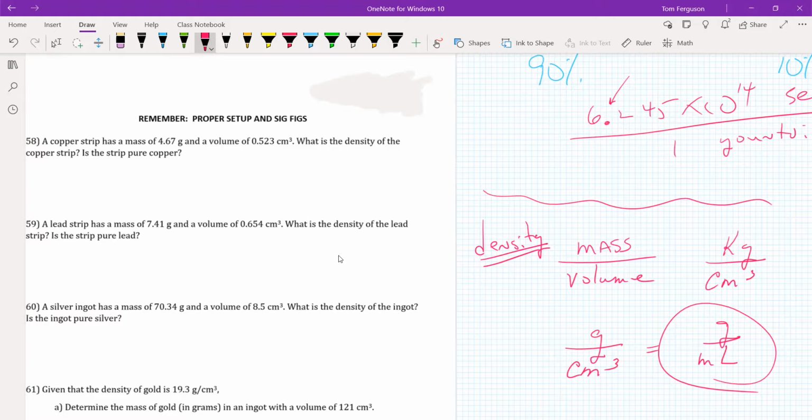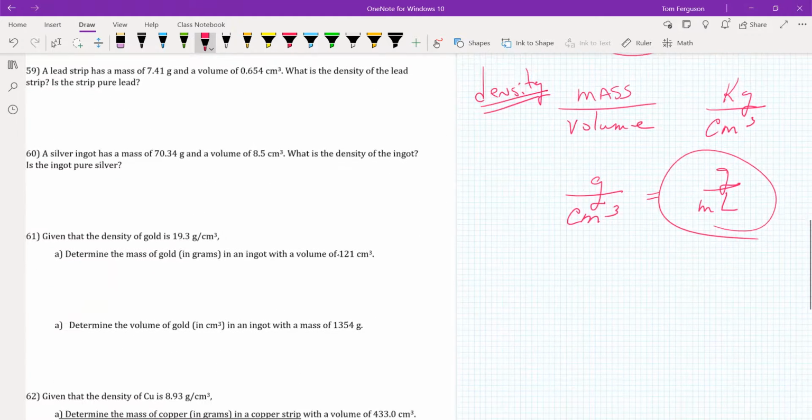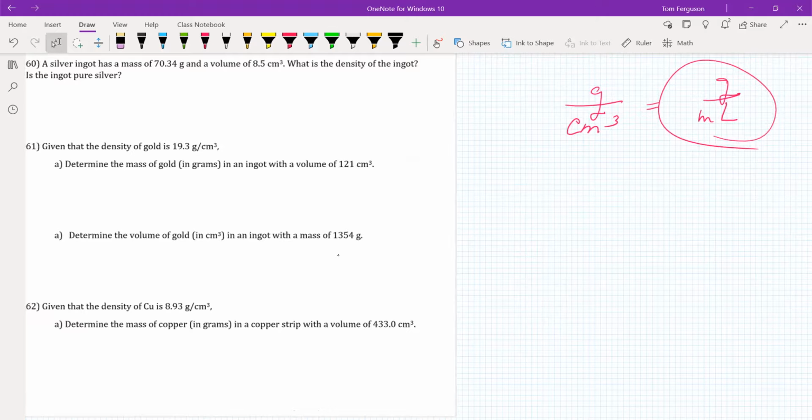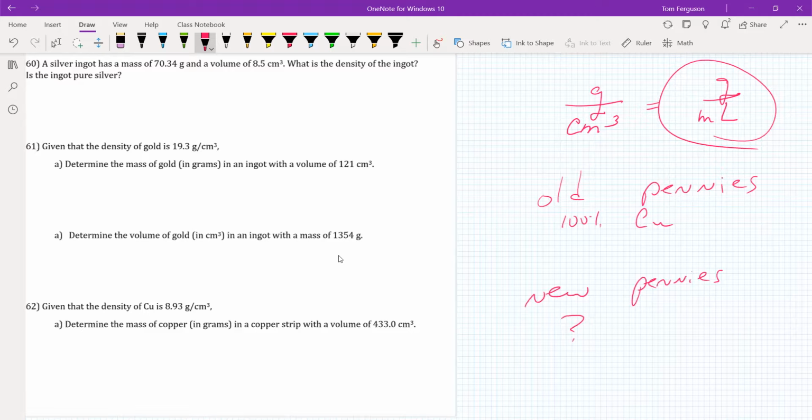A lab I used to do in prior schools is we looked at old pennies and new pennies. Old pennies were, let's say 100%, they weren't 100% copper. And the new pennies were something else.